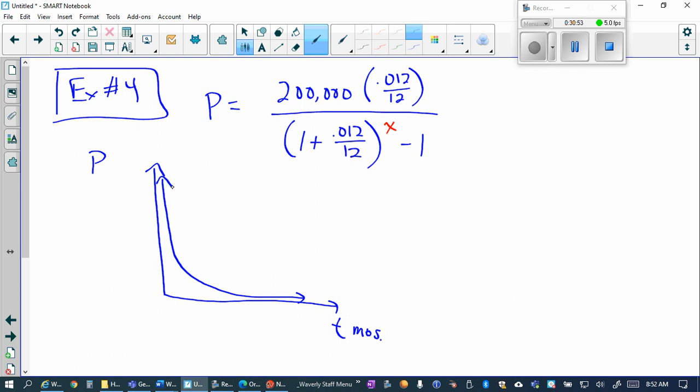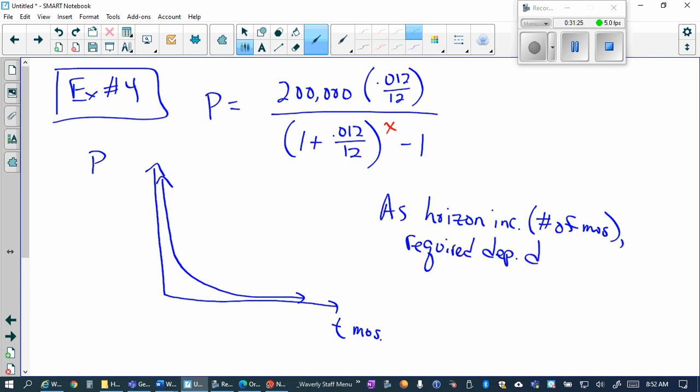As time goes on, right, is a smaller monthly deposit required. So I would just say as the horizon, right, time horizon, number of months, okay, the required deposit each month decreases. So the required deposit decreases. Okay?